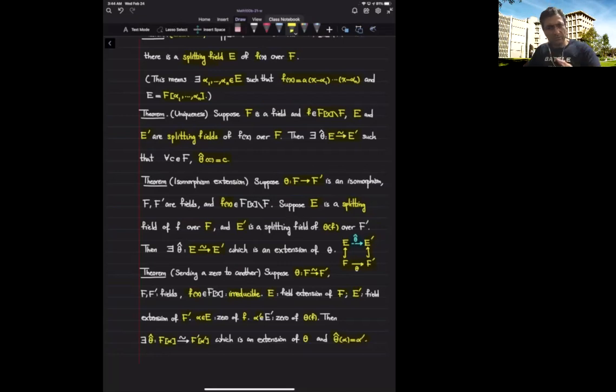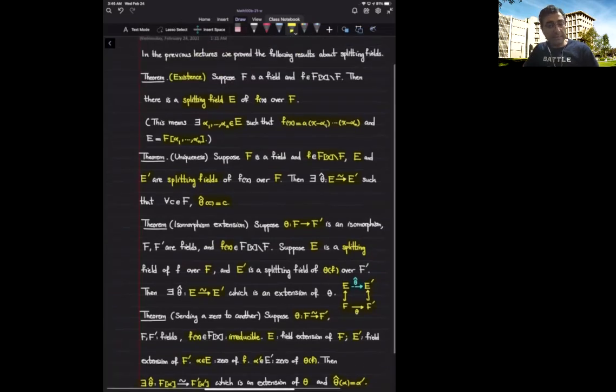This type of result we had used for quadratic equations, or at least pointed out in quadratic equations towards the beginning of the course. Now we have this vast generalization of that phenomenon. Okay, so these were the results that we proved about the splitting field.